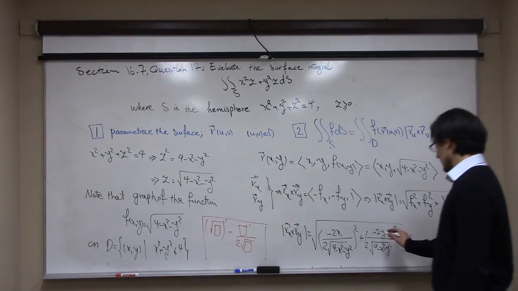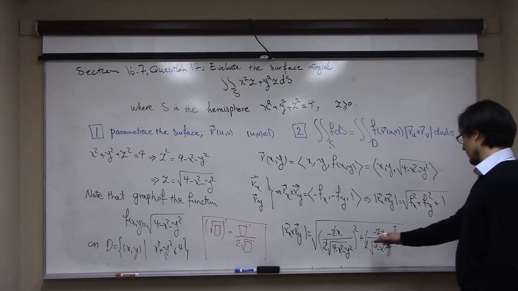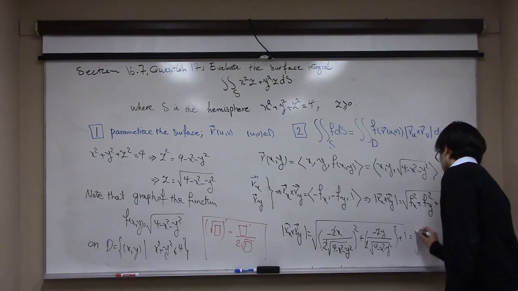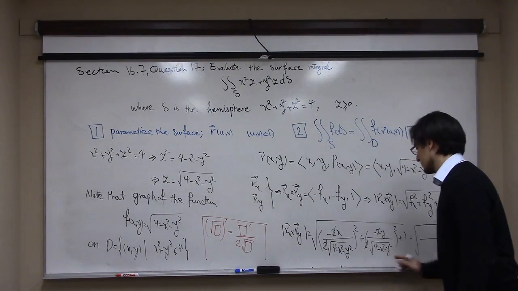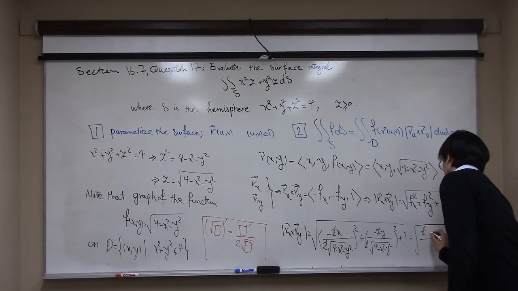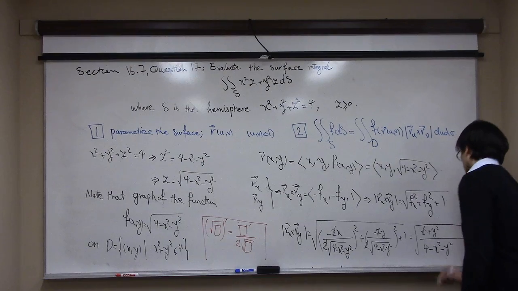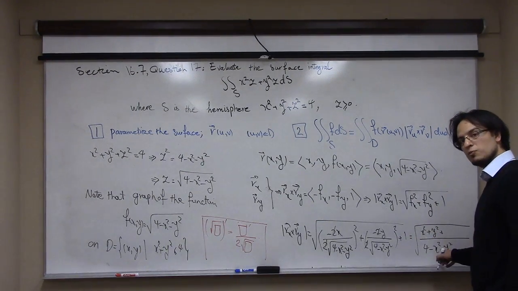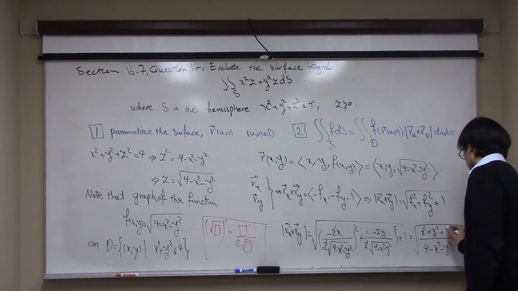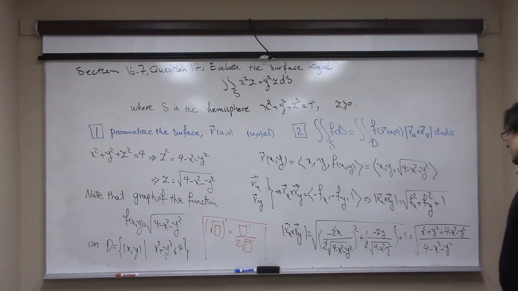Okay, then I can cancel these 2's, and then find a common denominator. The numerator, after squaring them, is first x squared, then plus y squared, and this one is going to be 4 minus x squared minus y squared. And there is a 1 also here, so if I put this over a denominator, I'm going to have 4 minus x squared minus y squared there also.